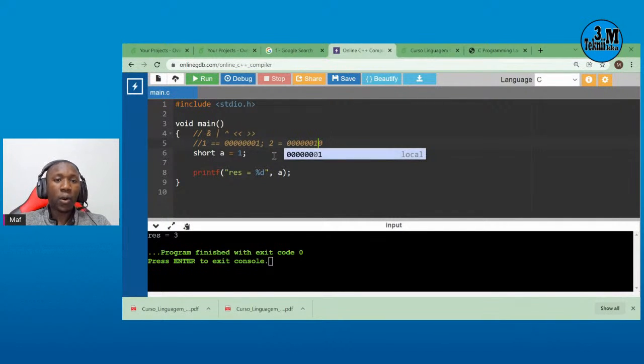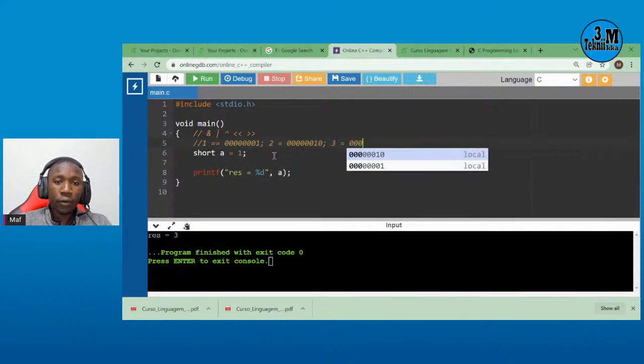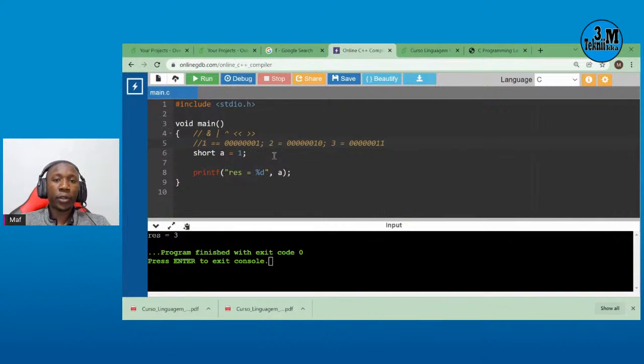And this is 2, okay? What about 3? 3 is something like 1, 2, 3, 4, 5, 6, 7, 8. And this is 3. 3 is 1 plus 2. Okay, this is 3. And then you have something like 4, which is 1, 2, 3, 4, 5, 6, 7, 8.